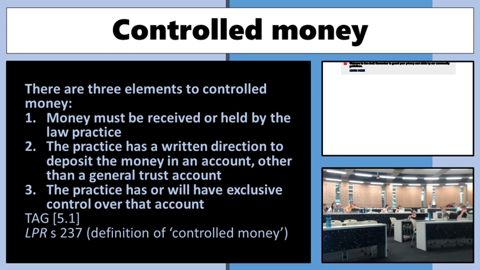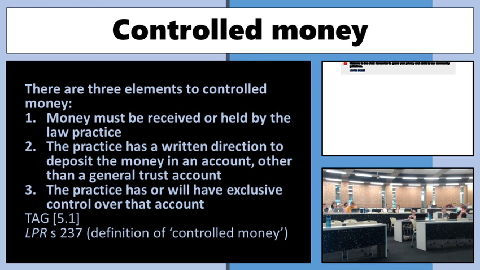So the first thing we're going to look at is controlled money. Controlled money is a special type of trust account that's set up where the law firm is looking after a client's money, but they're doing it in a separate bank account, and that separate bank account they have exclusive control over.